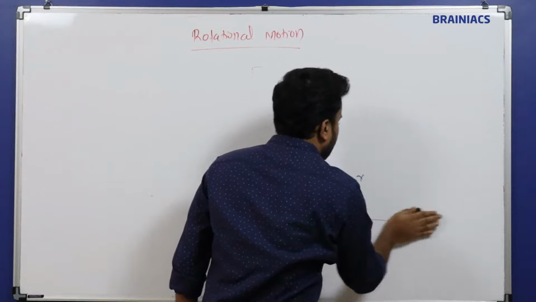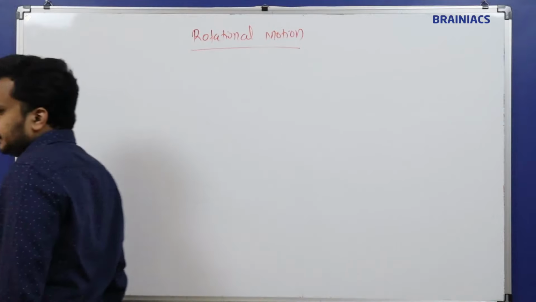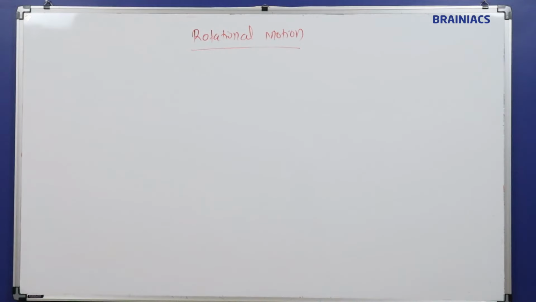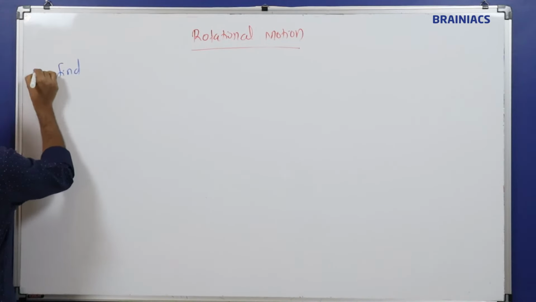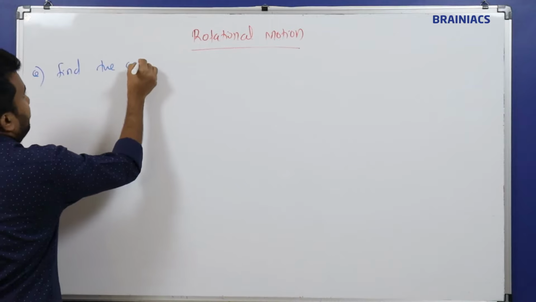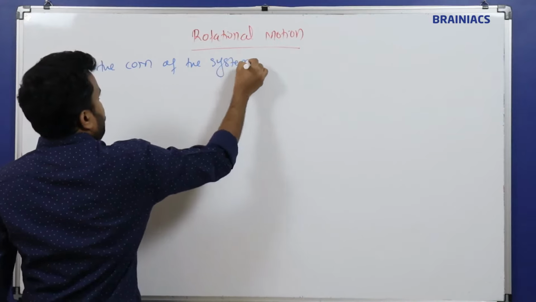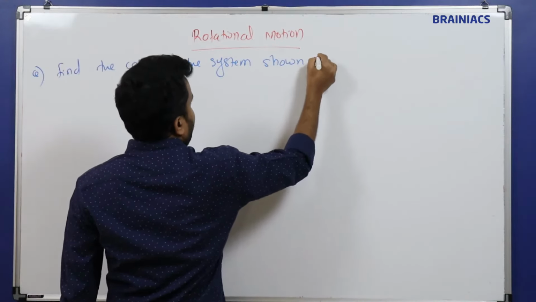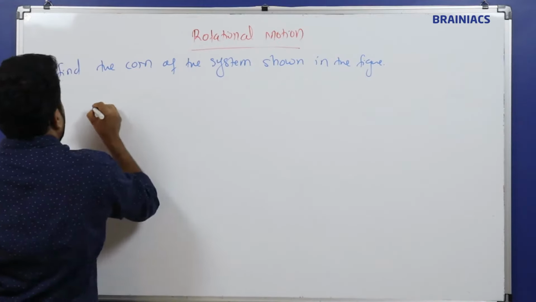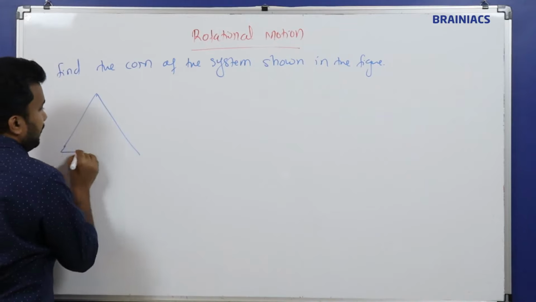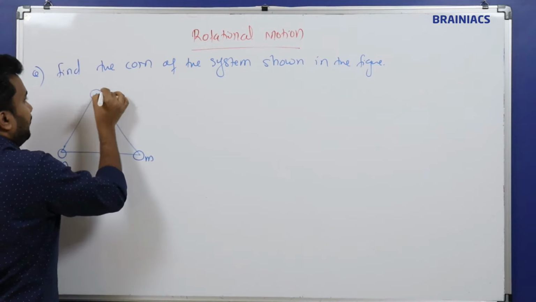You can write down one question. Find the center of mass of the system shown in the figure. We have an equilateral triangle, and three masses are placed, m here, m here and m here.